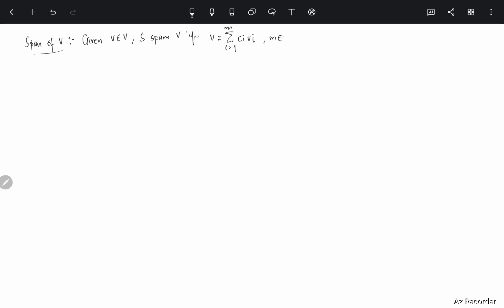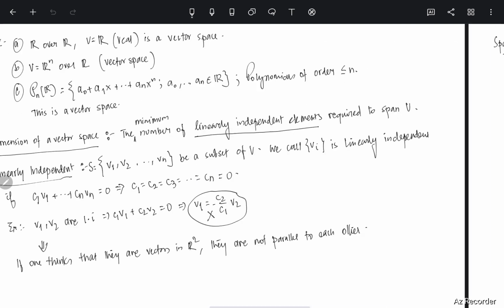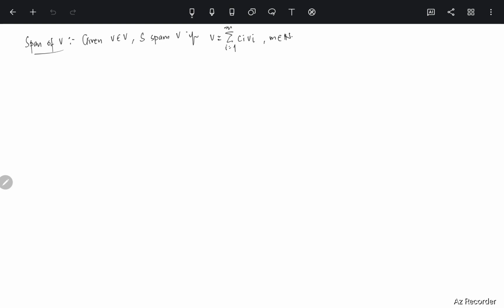So basically you can take some elements of this set, and then combine them to form any element of this initial set V, and then we call that S spans V.